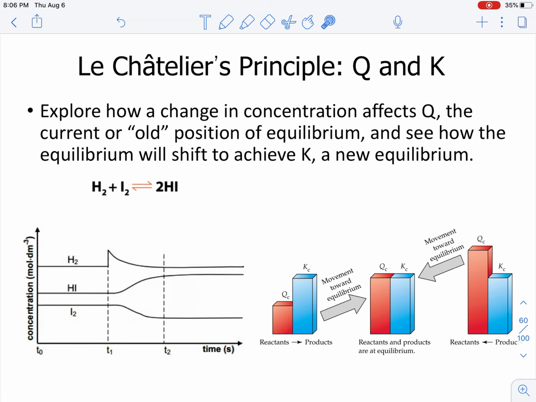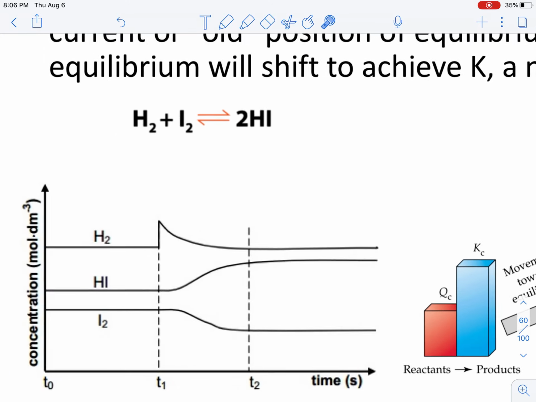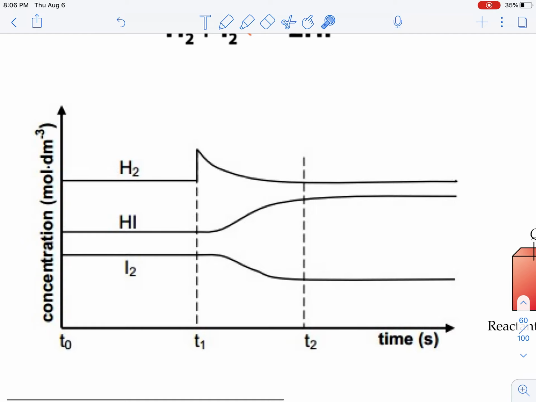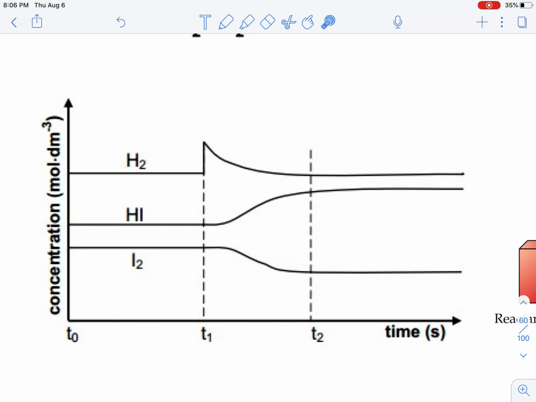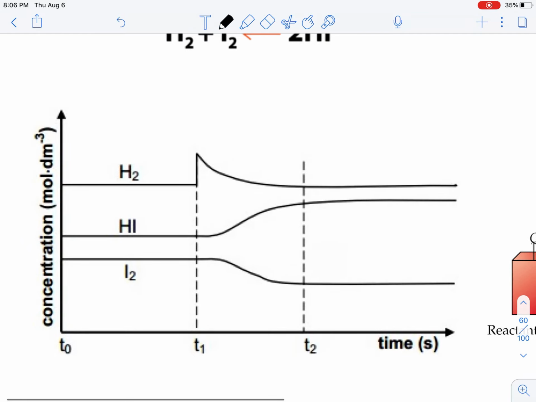I want to draw your attention to this graph, and we've seen this graph once before. If you recall, the reaction quotient Q can represent the activities of the products and reactants at any time period.